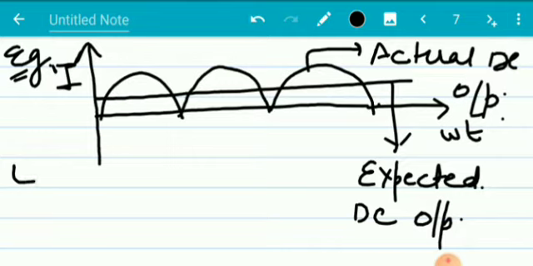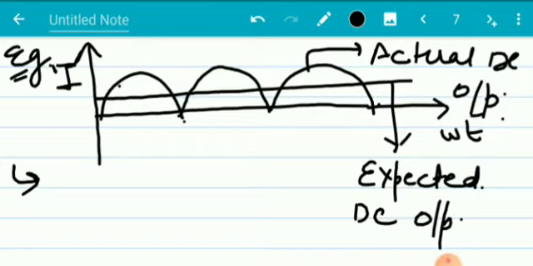So this figure is self-explanatory: why there is a mismatch between the actual and expected output. We are expecting a flat DC line, but there is an AC component also in it, because of which it is not exactly a flat DC line. This mismatch is causing the ripple, and because of which the ripple factor comes into the picture.